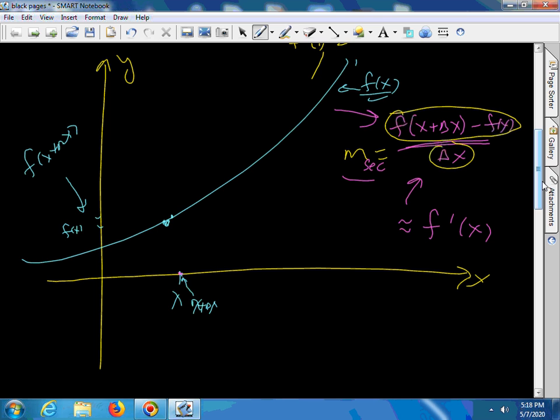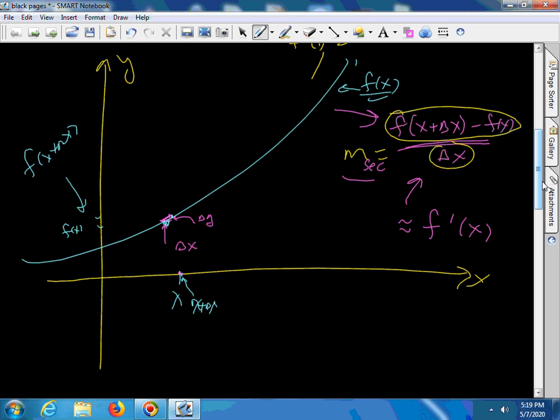And if I draw, now this gets hard, but if I draw the line that connects the two, I will get my right triangle. That's the change in y, and that little piece is the change in x.